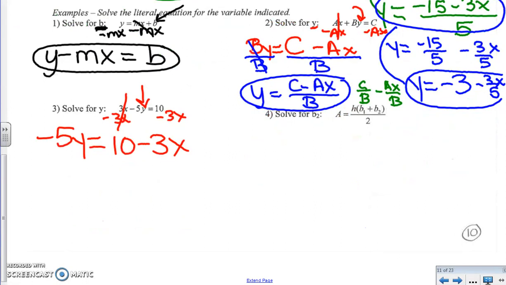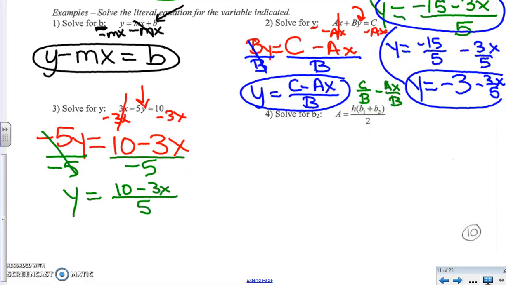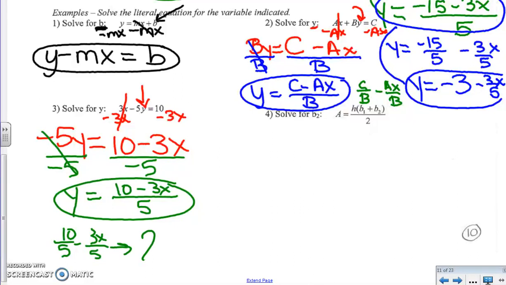We still need to isolate y, so we need to divide both sides by negative 5. Y is now on its own, and we can keep the answer as 10 minus 3x over 5, or you could split it to 10 over 5 minus 3x over 5, reducing 10 over 5, but not able to reduce the other fraction. So this would be another acceptable way to write the answer.